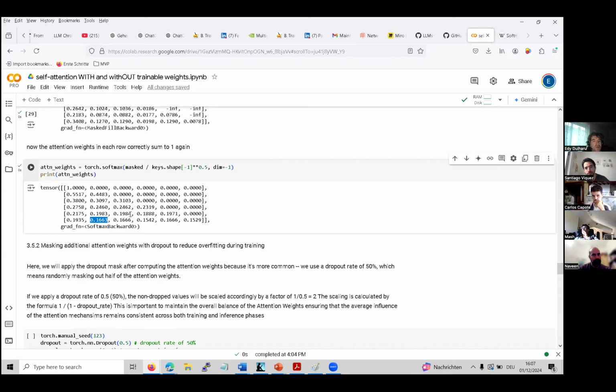So for this implementation, the word first is more important than the word journey with regard to the word step.